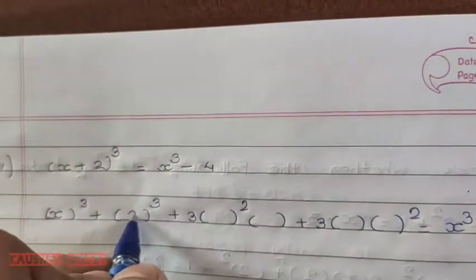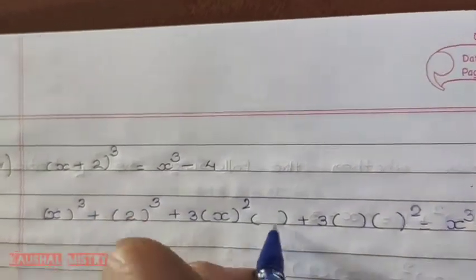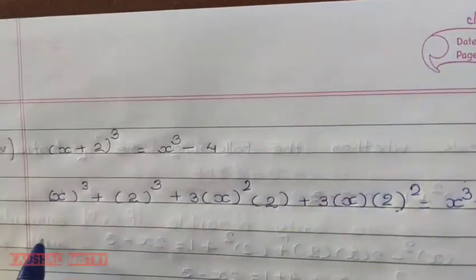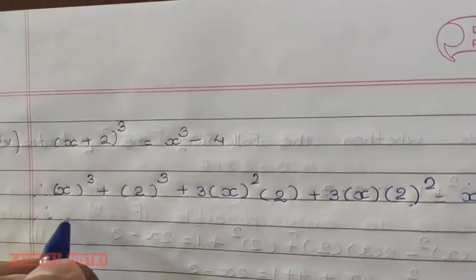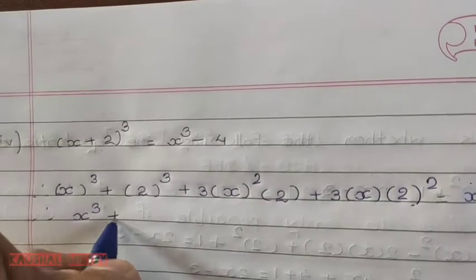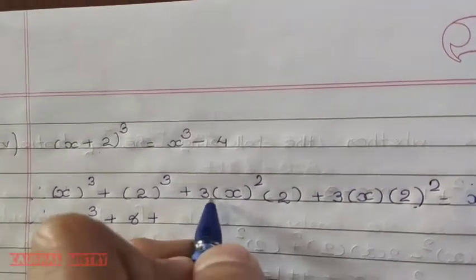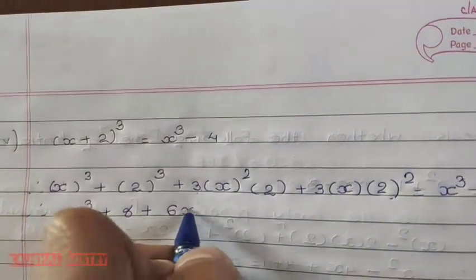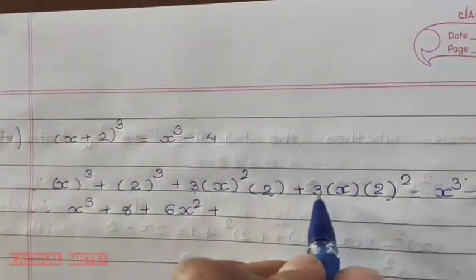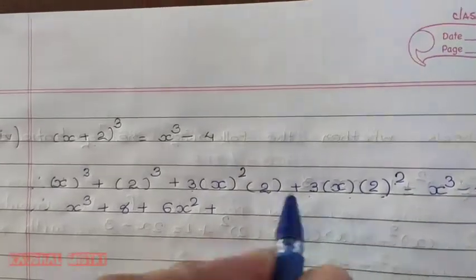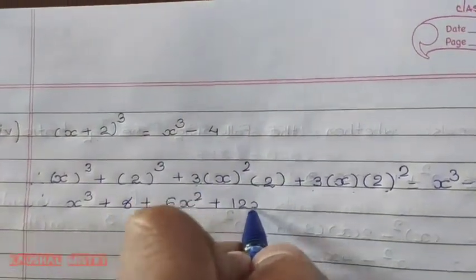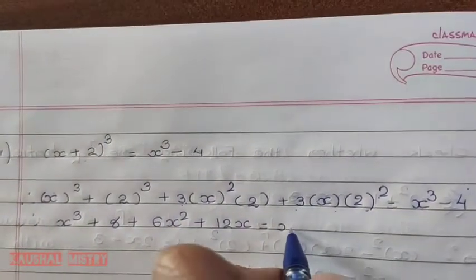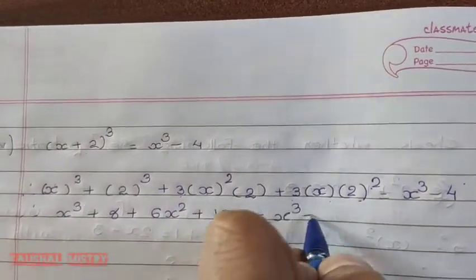Therefore x cube plus 2 cube is equal to 8. Now it is 3x square multiplied by 2, that means 6x square, plus 3 4s are 12x, equals x cube minus 4.